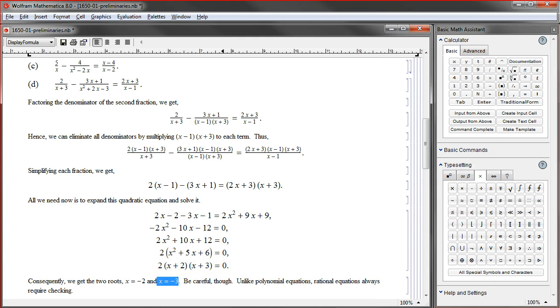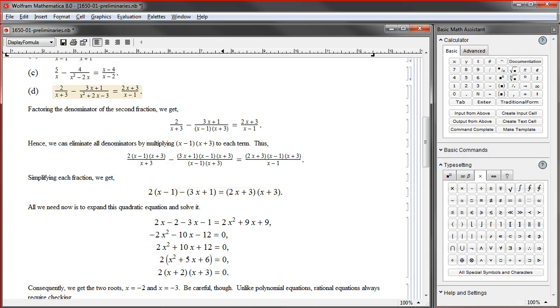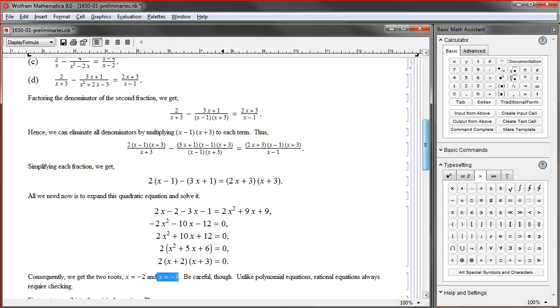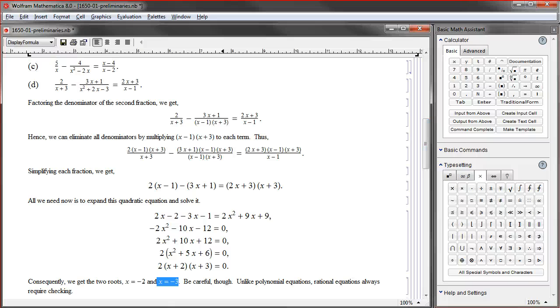And be careful, do not stop here, because this polynomial equation, where we started over here, is not the same as the original equation. They're certainly related, but not the same. So you have to check whether these solutions are actually real solutions or bogus. Plug those in, and you'll see that x equal to -3 is bogus, and you can easily see that because putting -3 in place of x, you're going to get 0 in the denominator.